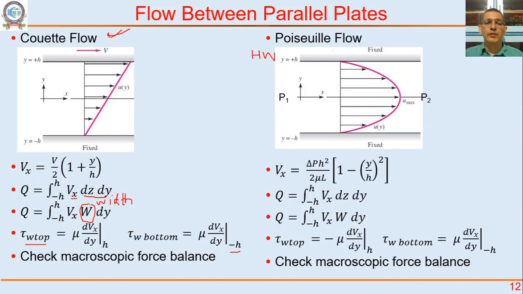Okay. So check the microscopic force balance in the sense now there is no pressure force. Whatever is the force that is applied on the top plate, if you go from here, this multiplied by area of the top plate, you will get force on the top plate. This, if you multiply by area, you will get force on the bottom plate.